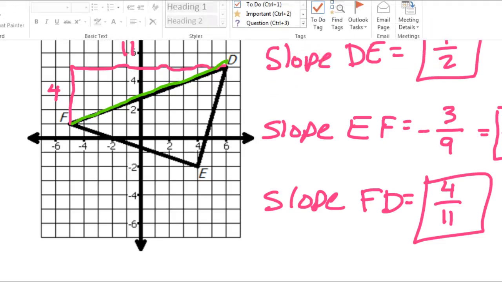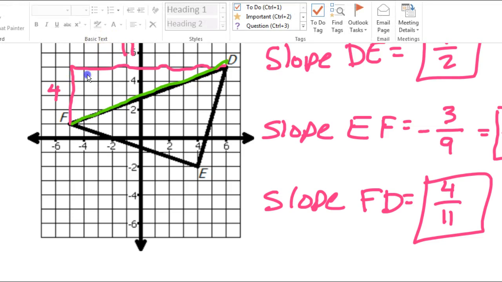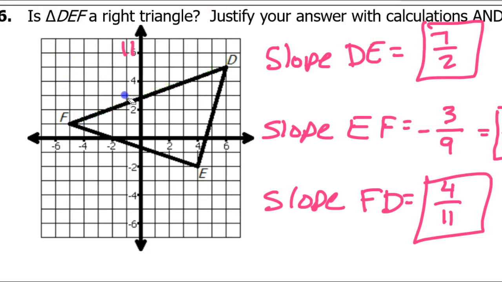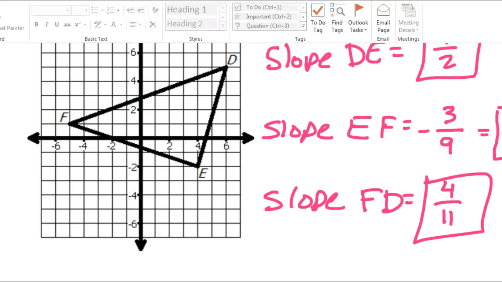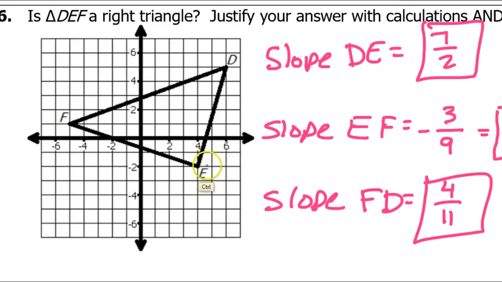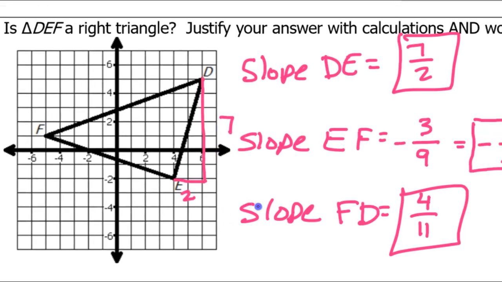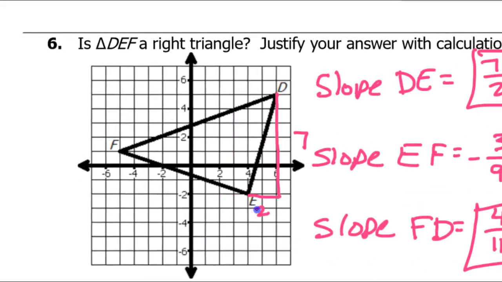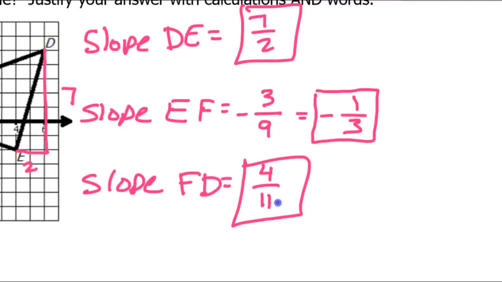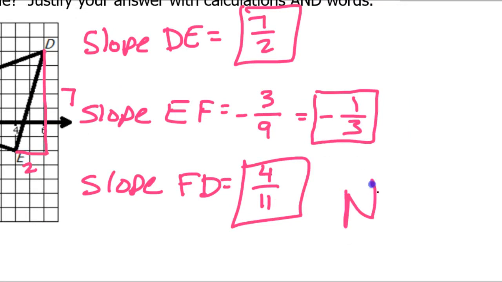I'm just going to count DE one more time, just in case I miscounted, because it's so close. I hate to be wrong. So this was 2, and this was 7. Yep.